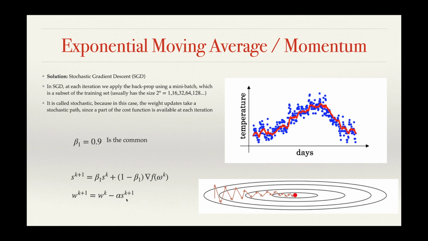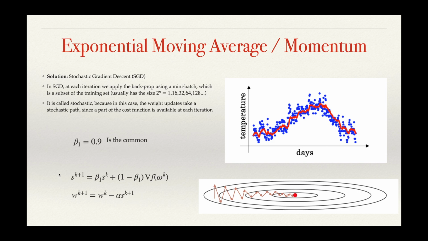Instead of applying the original gradient signal, which is the blue one, we are applying the smooth one, which is the red one, which is actually the momentum signal. In this way, we avoid too many oscillations. We still have the trend, the direction that this gradient should take, but with less oscillation and more stability. And if you hear about gradient descent with momentum, this is basically what it does.